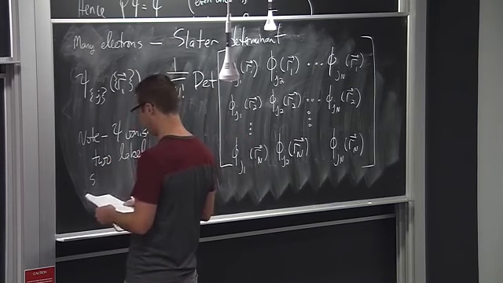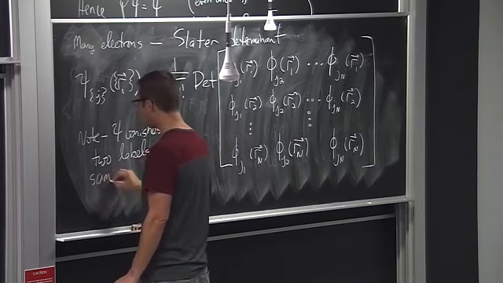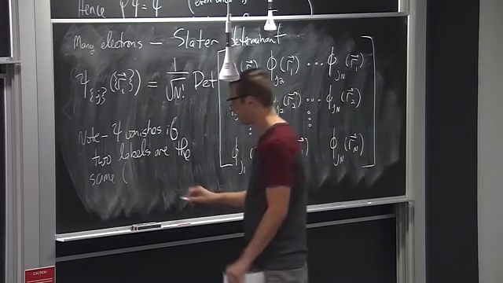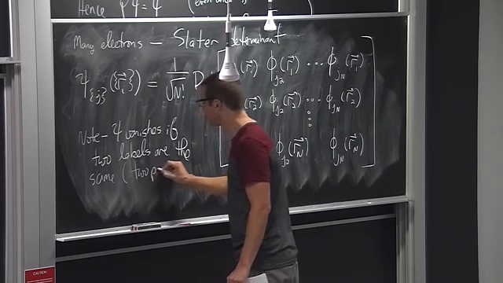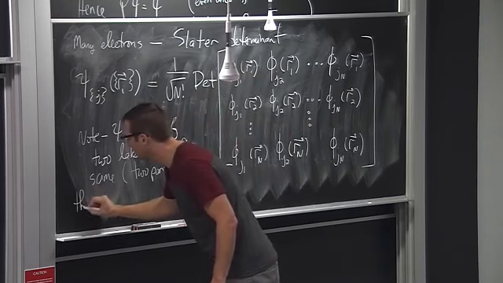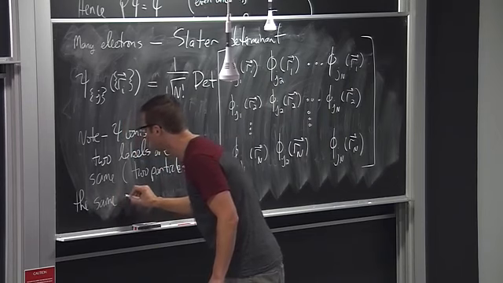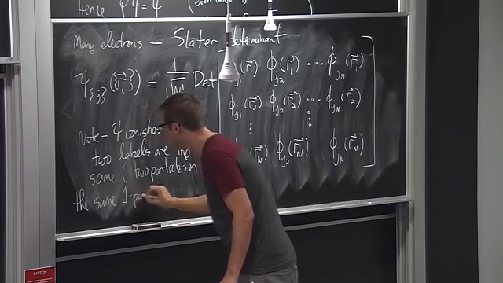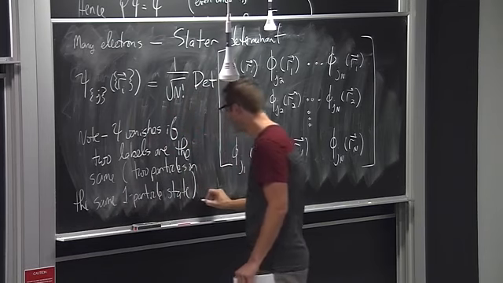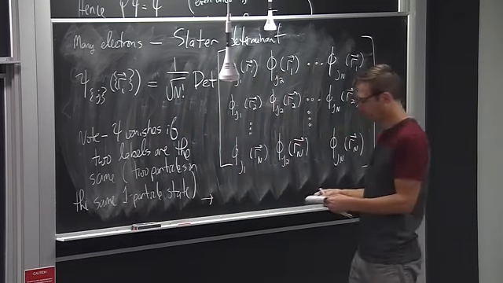So if the labels are the same, which means two particles are in the same single particle state, right? And that's just a statement of the Pauli exclusion principle.